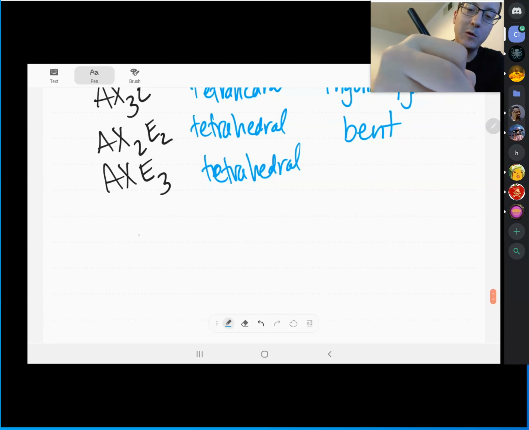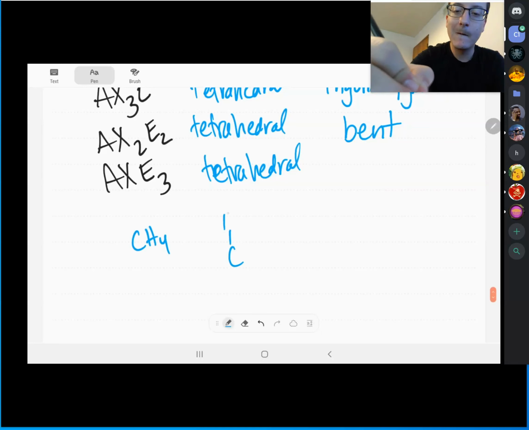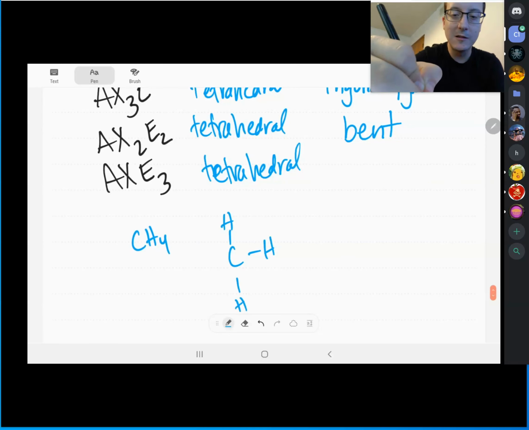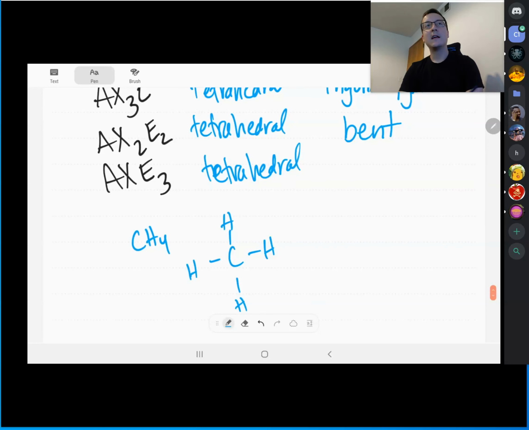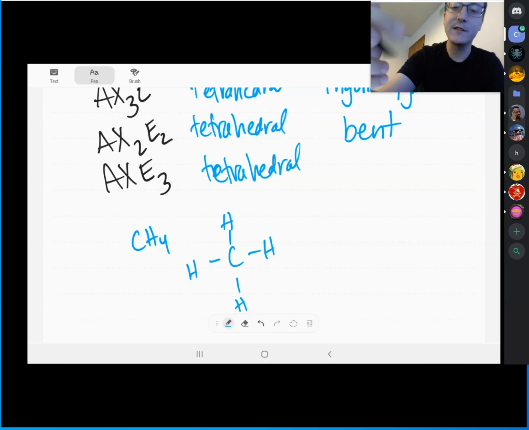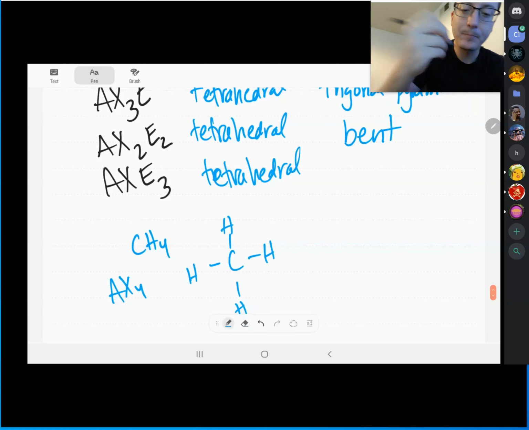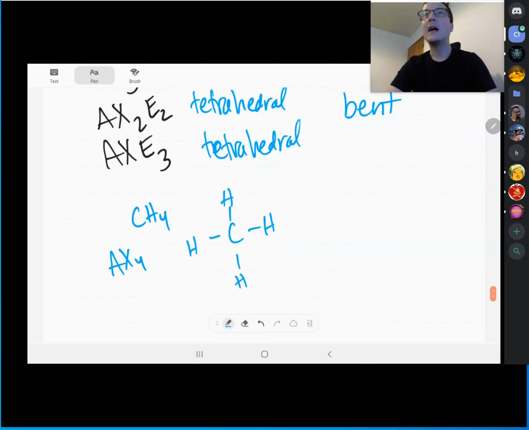Here's one for you that we've already done. Here's the Lewis structure. What's its electron geometry going to be? Electronically, yes, they're all tetrahedral. But molecular ones can be different. It's AX4. And so we have 4 electron domains. Do we have any lone pairs on this? No, we don't.